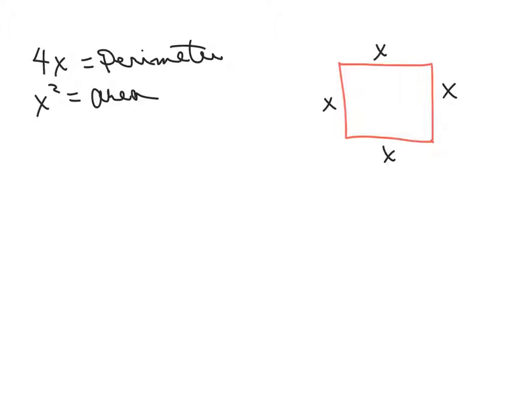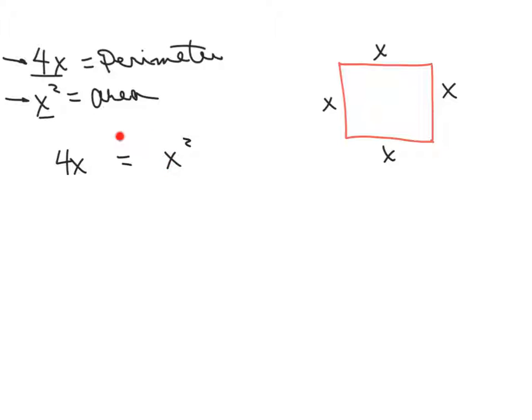And I know they aren't equal to each other, but I know this one is the area and this one is the perimeter. Okay, because it's saying that the area of the square is twice the perimeter. So are they equal? Can I say that they're both equal? No, because it says the area is twice as big as this.